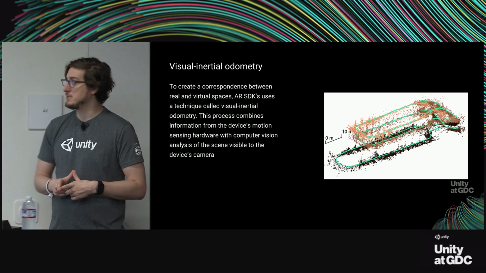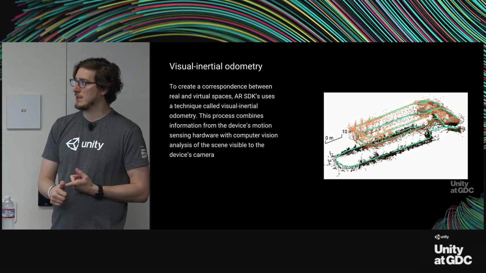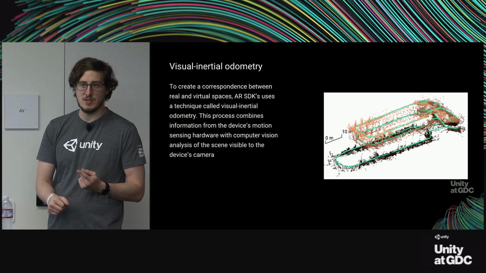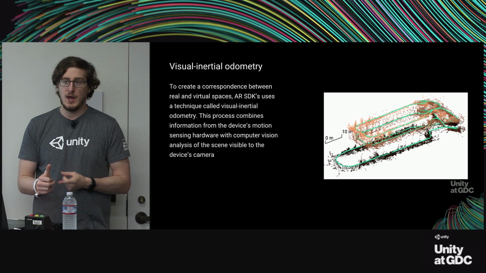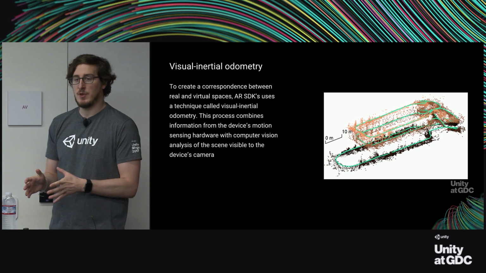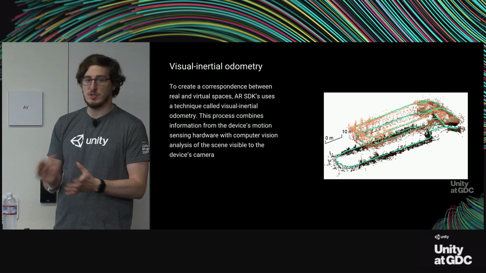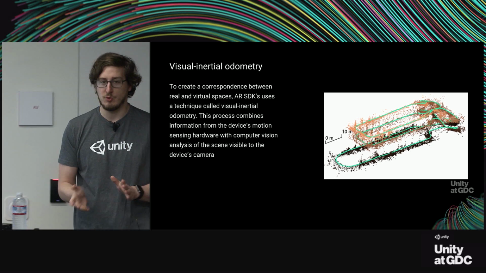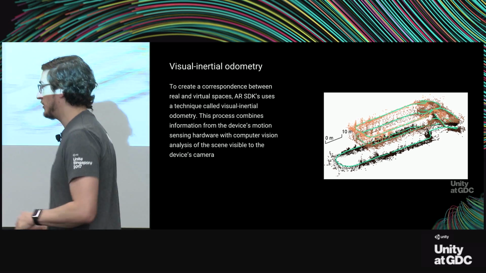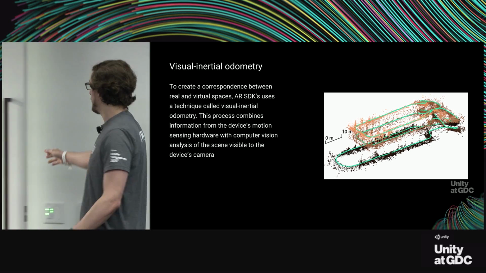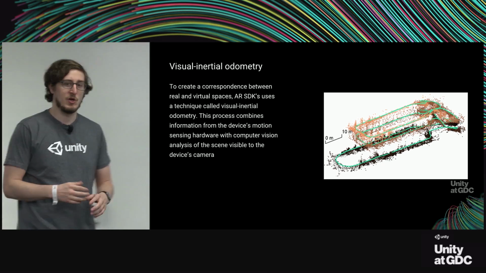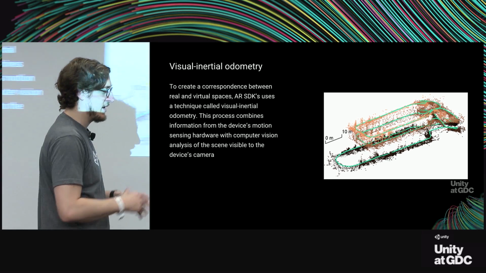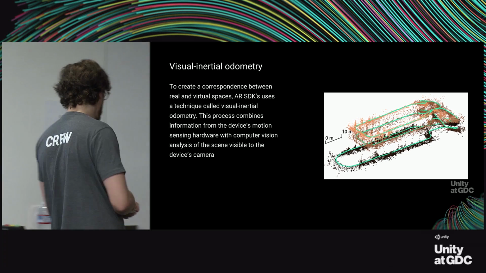A lot of people come up to me and ask, how come ARKit came out so quickly after it was released to the public, and how come ARCore was more delayed? One of the main reasons is that Apple has had very strong influence, or total control, over the manufacturing process for their devices for a very long time. IMU sensors, things like accelerometers and gyroscopes, are very twitchy, and the data you get from them can be very noisy.